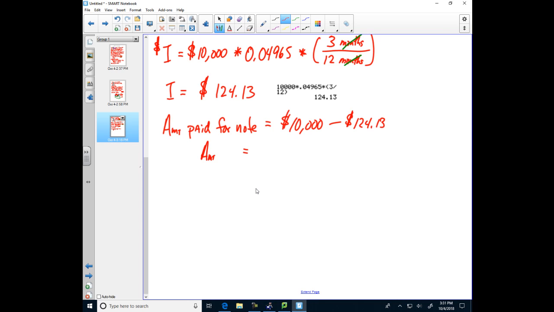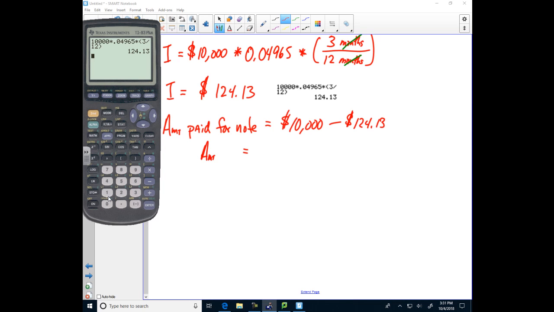See, if you're getting $124.13 of interest, you can subtract that from the $10,000 and find out what you really had to pay for this $10,000 T-bill. So let's do that. Again, I'm going to do 10,000 minus second answer here. So I got 9,875.88 rounded off.